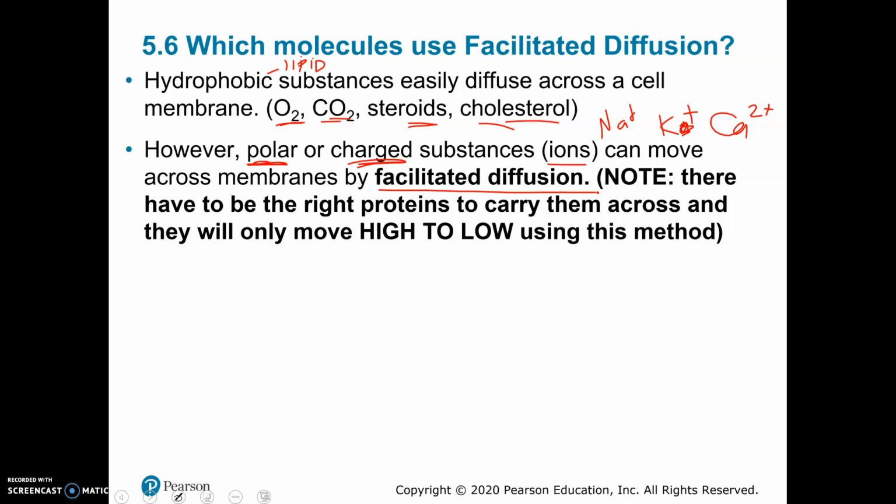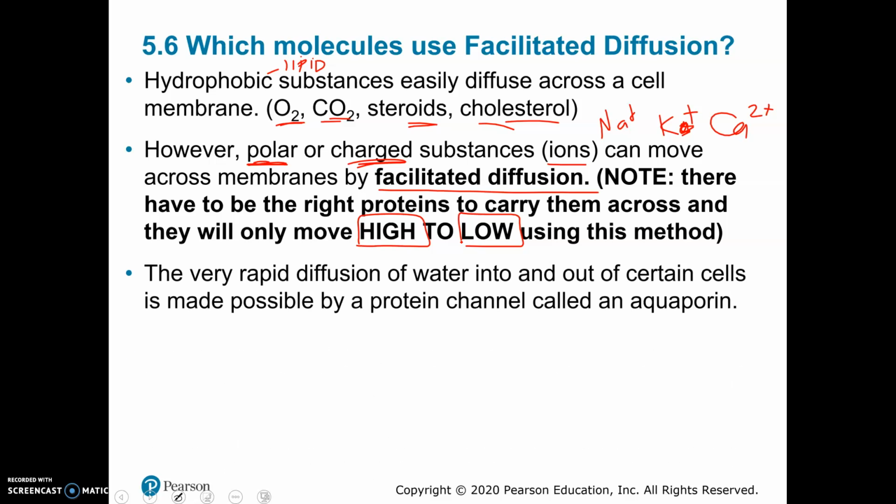Remember, it's only called facilitated diffusion if it's going through a protein from high to low concentrations, because things don't naturally go from low to high. Just like going downstream. If I drop a leaf into a stream, which way is it going to go? The direction the stream is flowing, from high to low. It's not going to go backwards unless I apply energy to it.